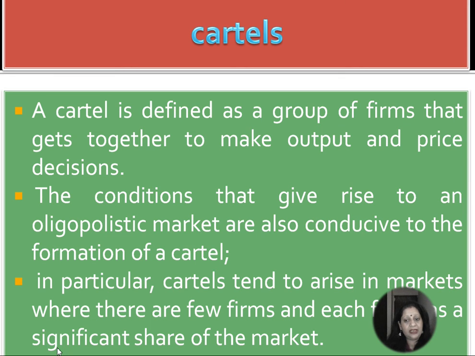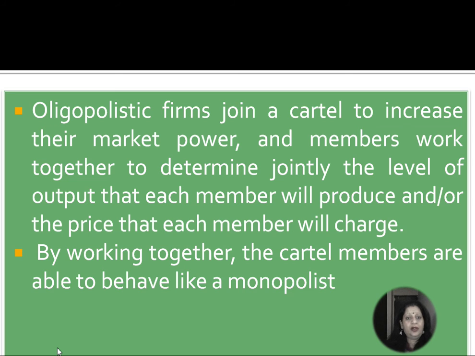The firms will follow the concept of cartels. Oligopolistic firms join a cartel to increase their market power, and members work together to determine jointly the level of output that each member will produce and/or the price that each member will charge.